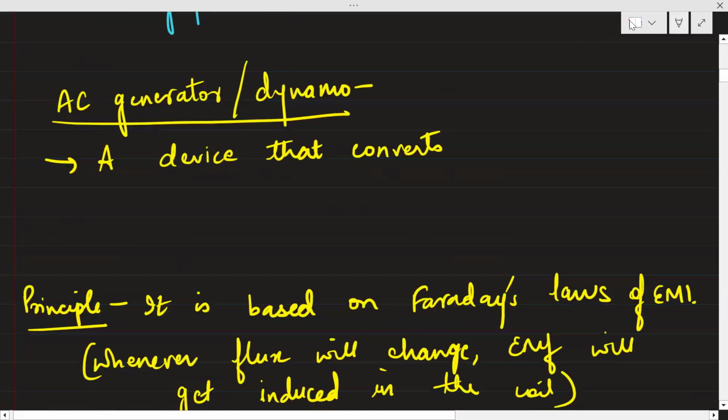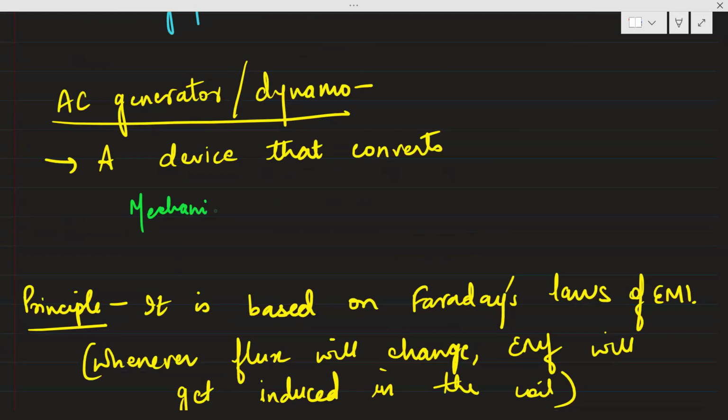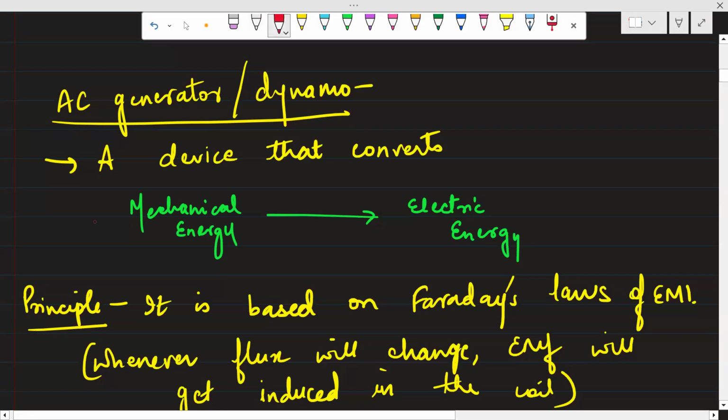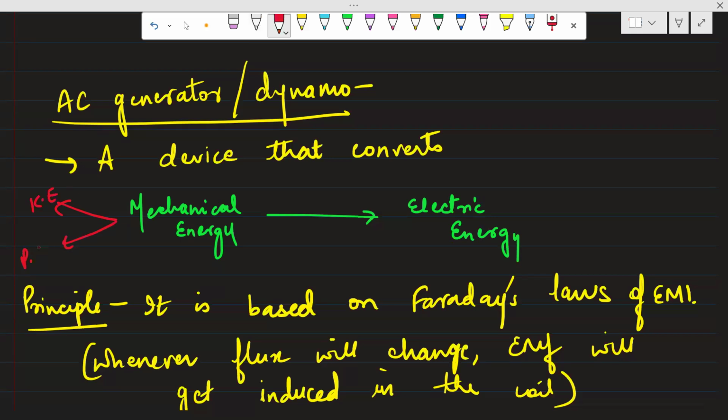Now, what's an AC generator, class? An AC generator is basically a device that converts the mechanical energy into the electrical energy. Mechanical energy into the electrical energy. Now, when we refer to mechanical energy, class, we describe the kinetic energy and the potential energy.